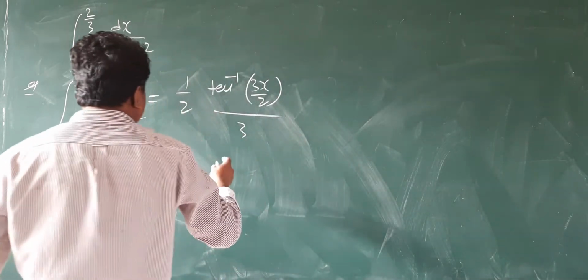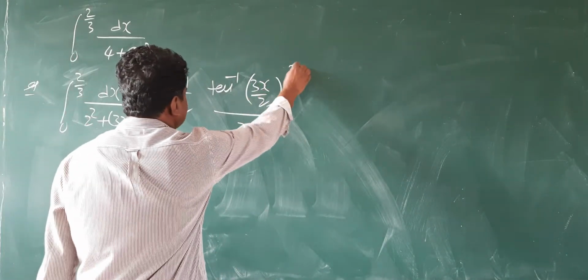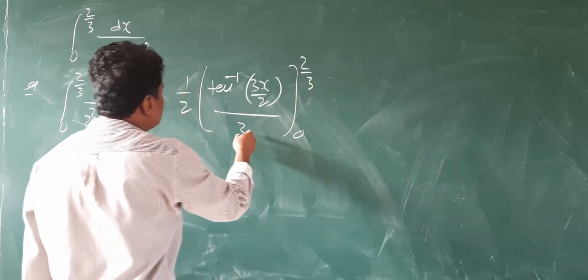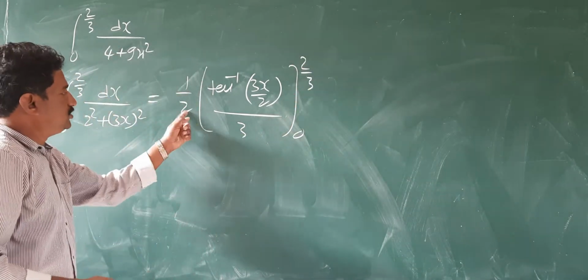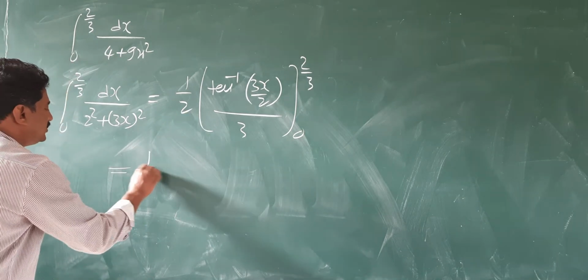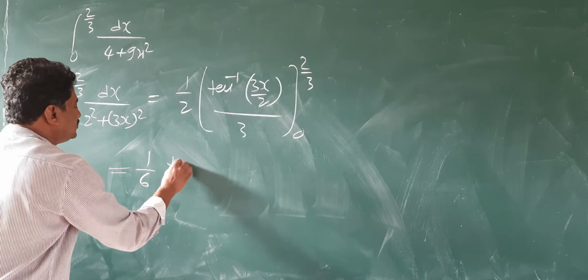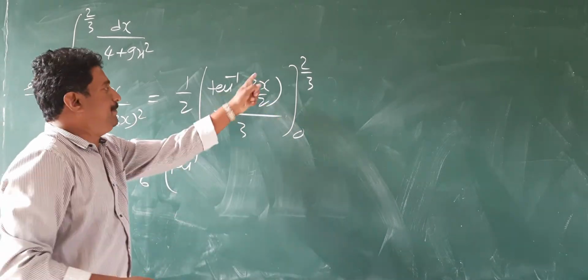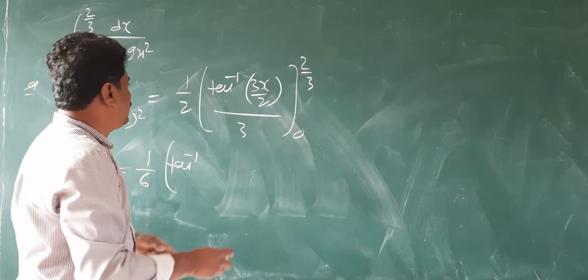Right, by 3. Tell me the limits. 0 to what? So 2 by 3. Keep that 3 outside. 3 2s are 6. So 1 by 6. So tan inverse, upper limit minus lower limit. Apply the upper limit. What is x? 2 by 3.